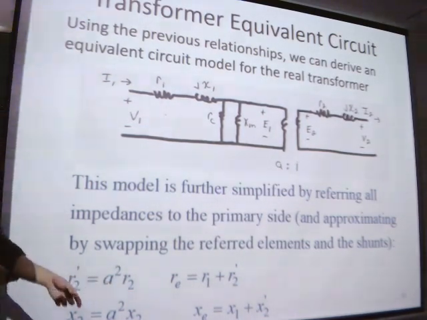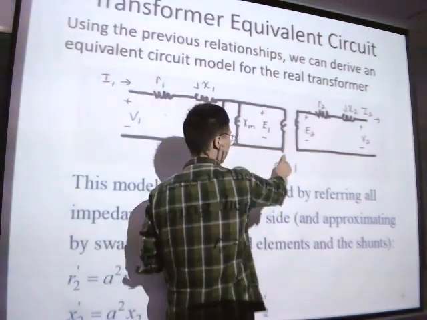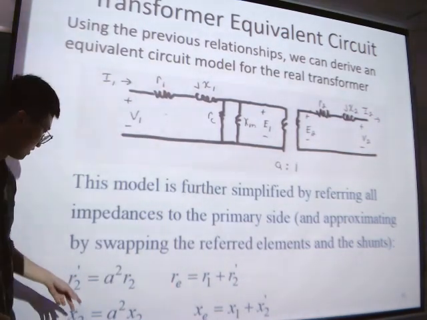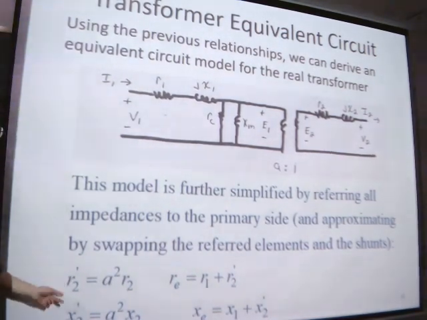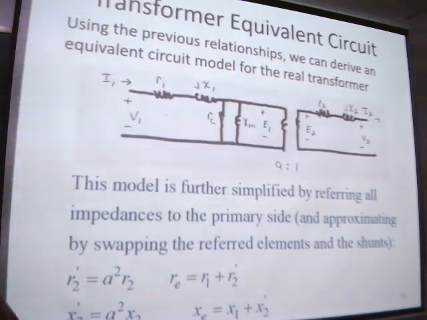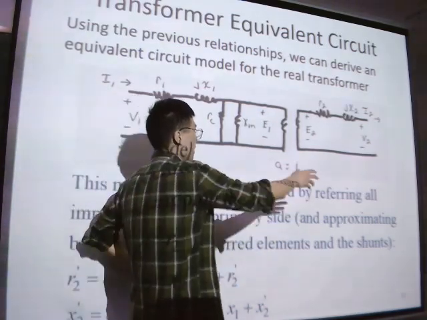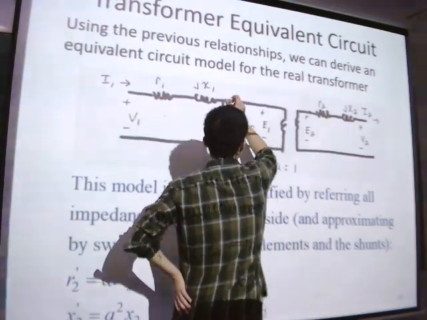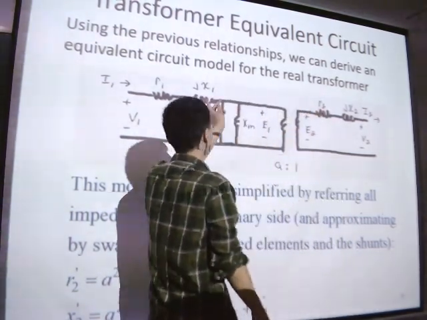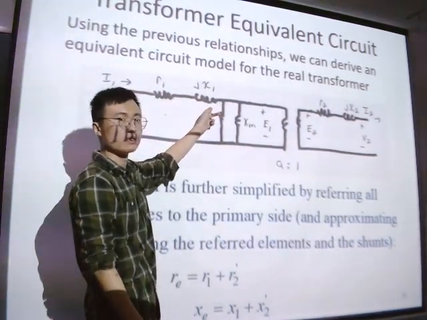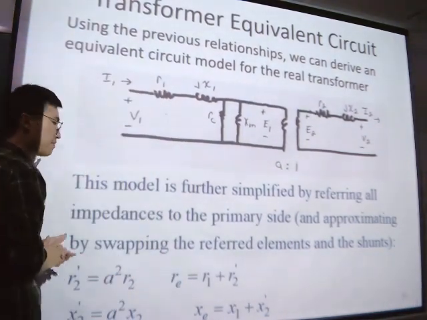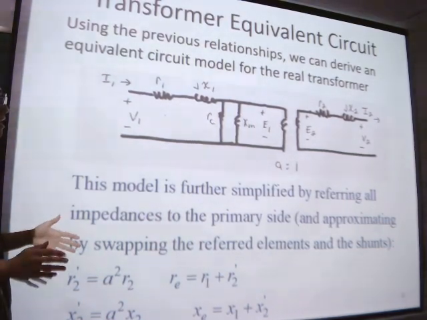The a square is the ratio of turns squared. After we have moved this impedance to the primary side, there will be two impedances of the transmission lines here, so we can just sum them up.